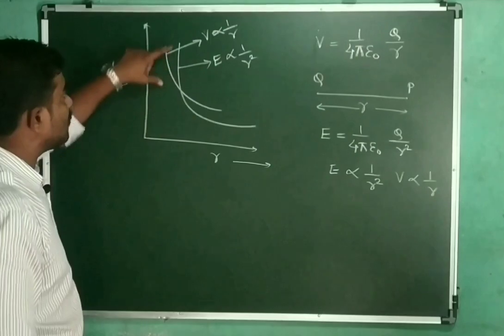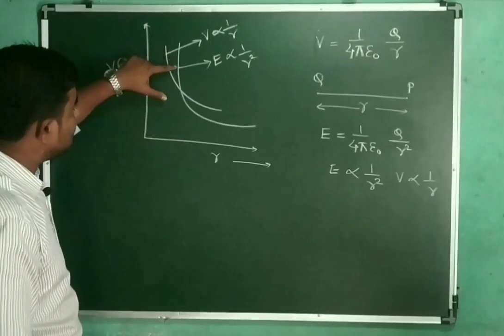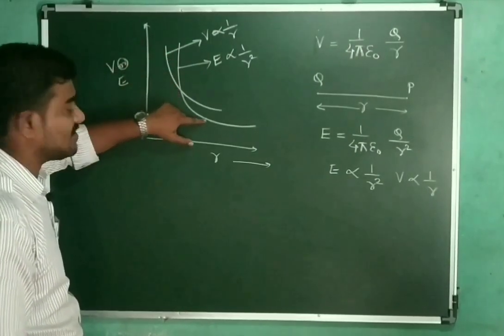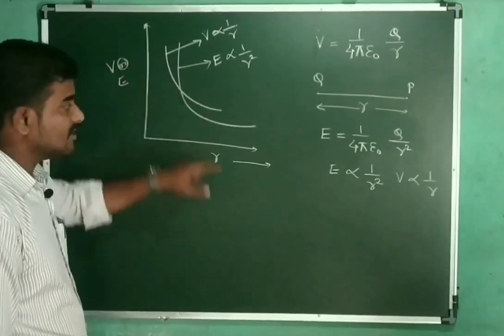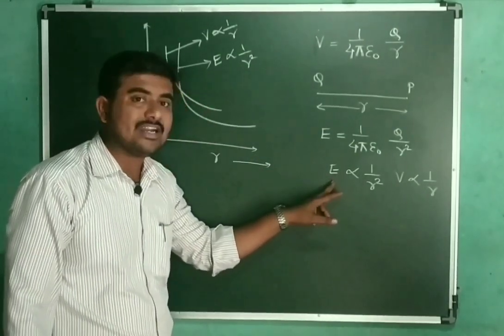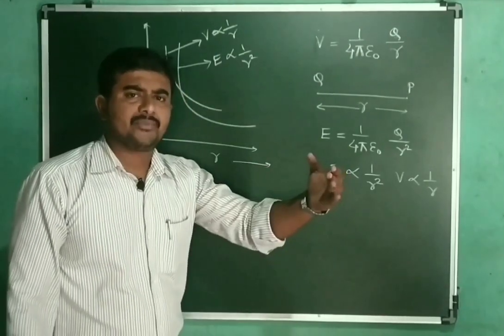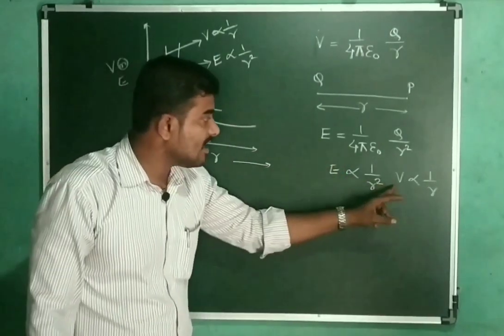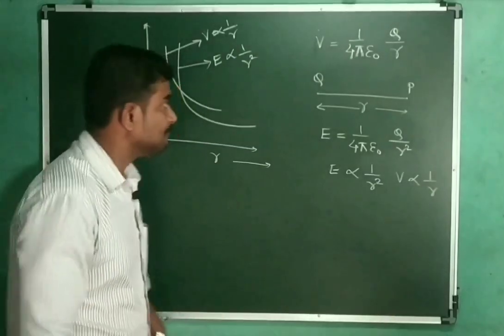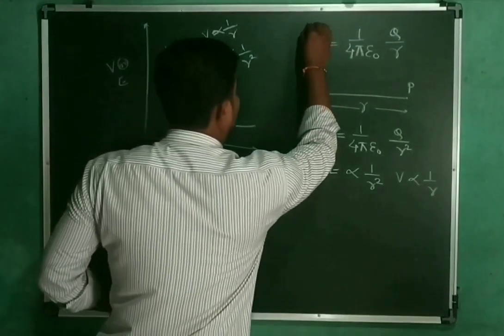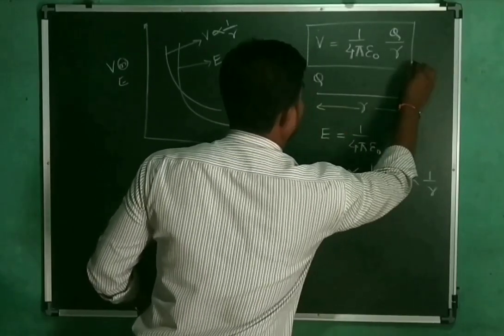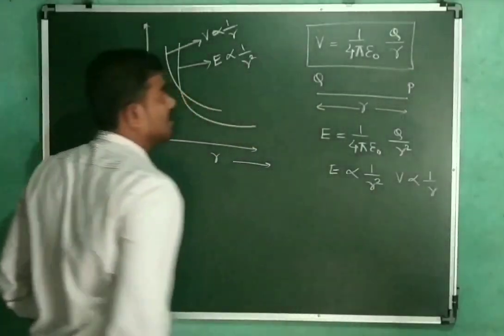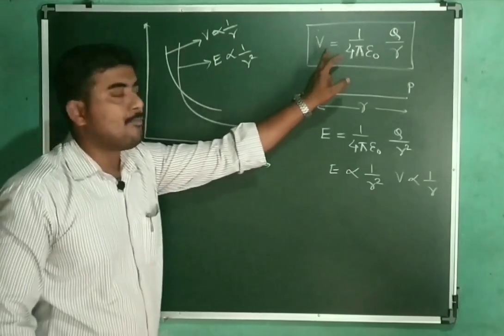As you can observe, the electric field graph decreases faster than the electric potential graph. It means electric field decreases more rapidly than electric potential. This was the electric potential due to a point charge, a very important derivation which we derived in our previous video, and this is for a point charge.